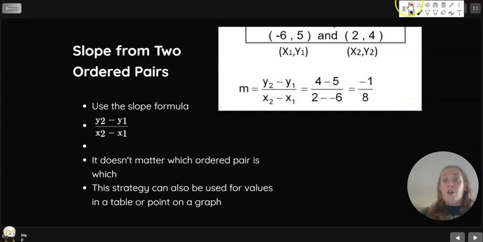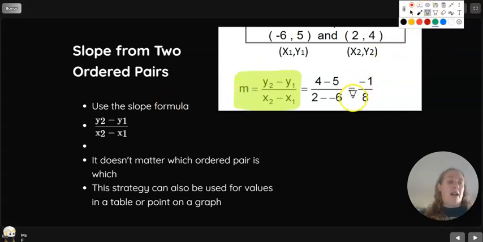Another way that we can find slope, or average rate of change, is from a graph, from a table, and now we can do it using just 2 ordered pairs. When we do this, we use what's called the slope formula, which we looked at in the pair deck. So we subtract our y's on top, that's our rise, and then we divide it by our subtracted x's.